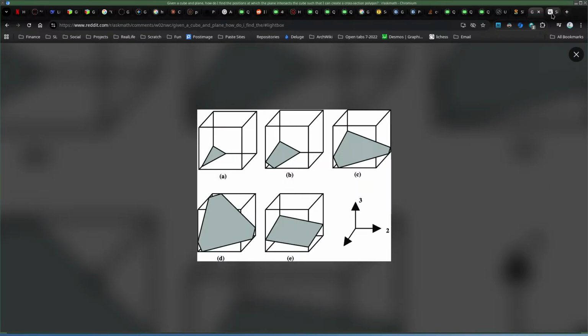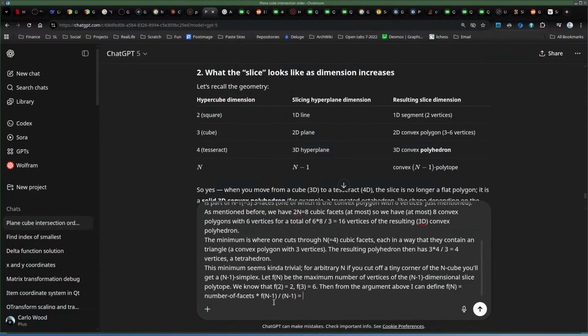But so in 4 dimensions we had there's 3 of them, and in higher dimensions it's n minus 1. The number of facets being 2n, so it's 2n times the f of n minus 1.